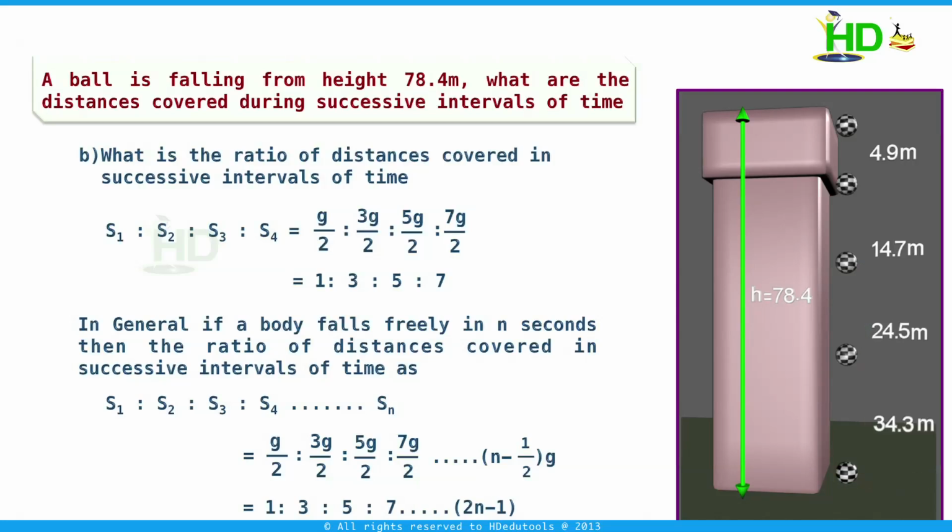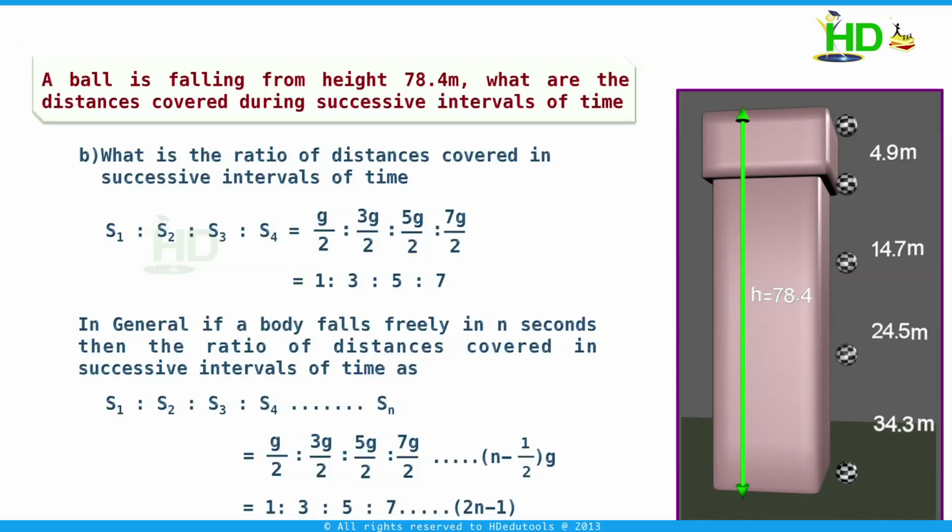Then what can you conclude? If a body falls a distance x during the nth second, then in the next second it falls a distance x plus g. And in the previous second, what was the distance? The distance traveled by the body is x minus g.